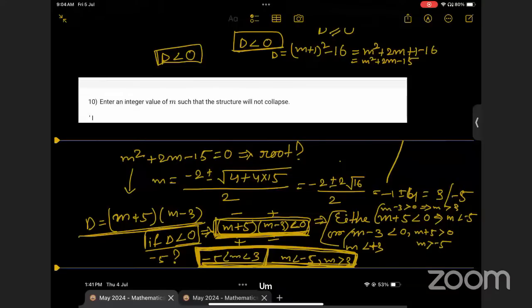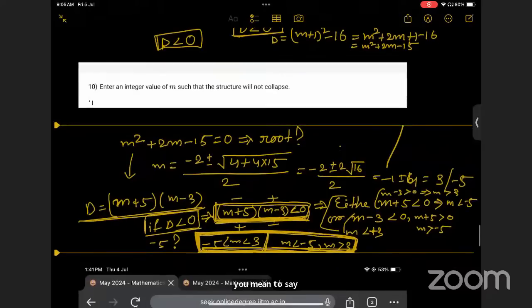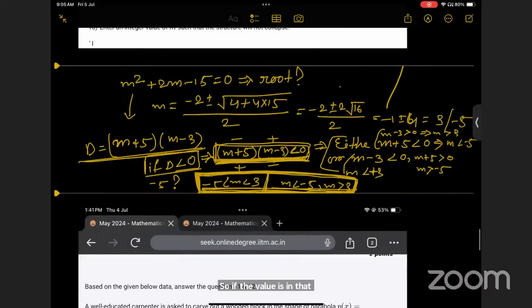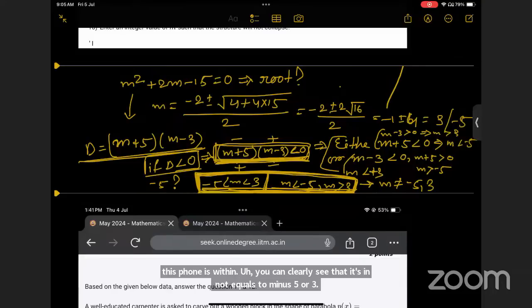Yes, ma'am, I understand. So you mean to say that given the range we have derived, if the value is in that range, the structure won't collapse. Yes. If I give -3, you can clearly see that if m is not equal to -5 or 3, then the structure will not collapse.